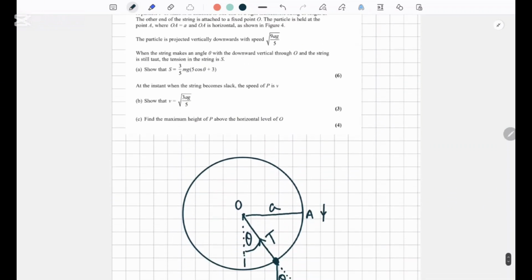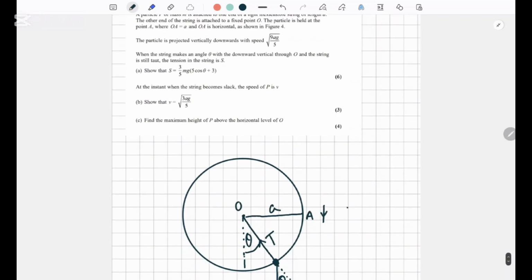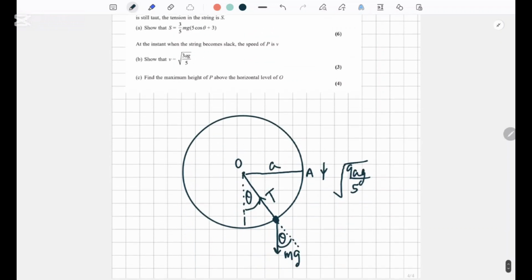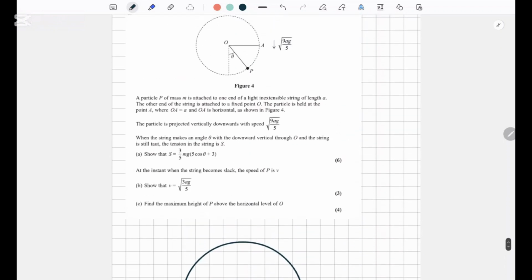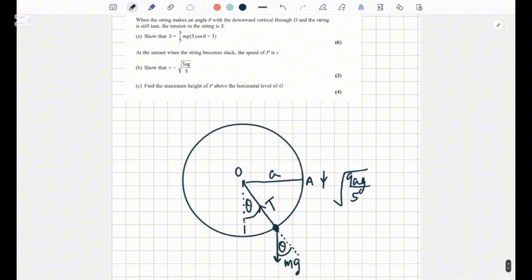And it was released with a speed of square root of 9ag over 5. So they asked us to show the tension.